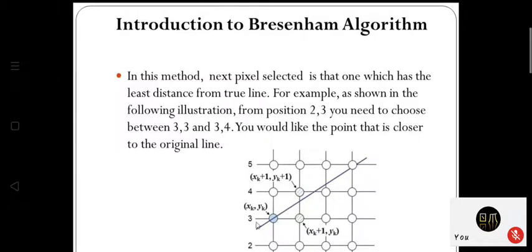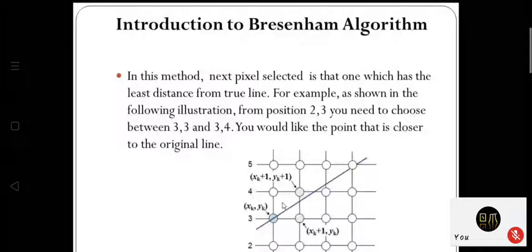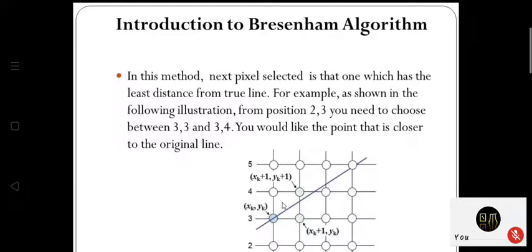So the starting point of this particular line is what? It is 2 comma 3. So this 2 comma 3 is given the naming as x of k comma y of k. 2 is the point on the horizontal line and 3 is the point on the vertical line. So the naming given over here is x of k comma y of k. So this is the starting point of a line.